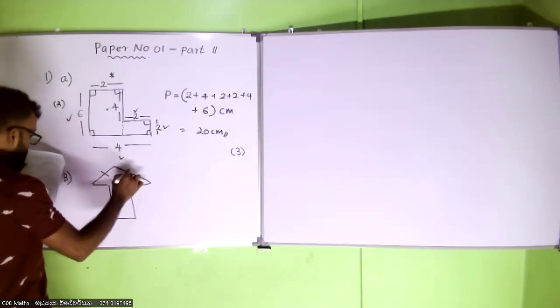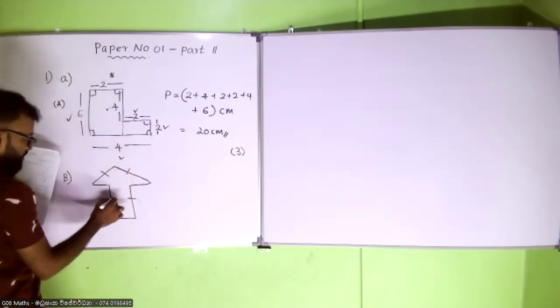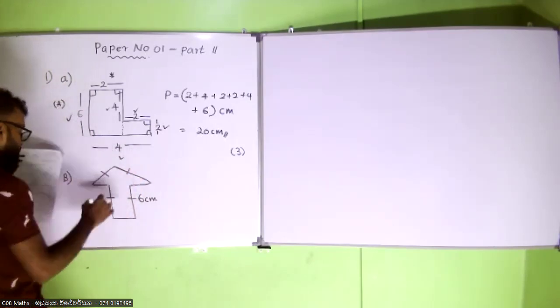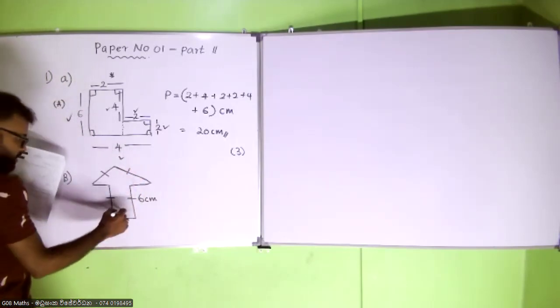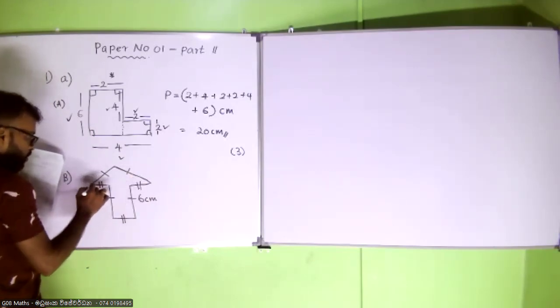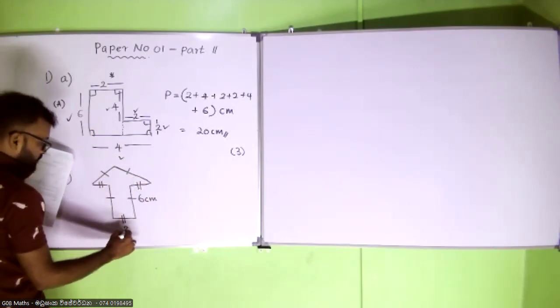This length equals this length equals this length equals this. That is 6 centimeters. All of these are 6. This length equals this length equals this length. All three lengths are equal, 2 centimeters.